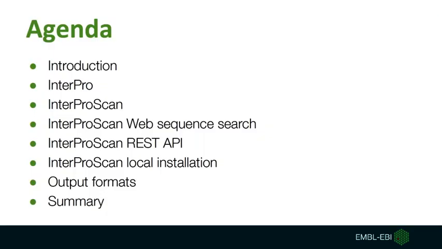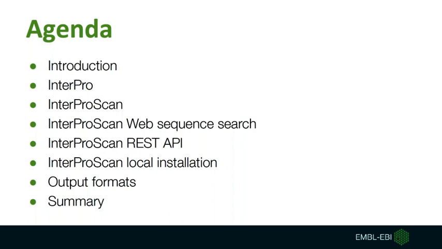First I will look at the outline of my presentation. I'll first introduce some of the main use cases for InterPro and InterProScan, and then I'll give a very brief overview of what InterPro is and what InterProScan is. Subsequently, I will look at the three ways in which you can use InterProScan, that is through the web interface or through the REST API.